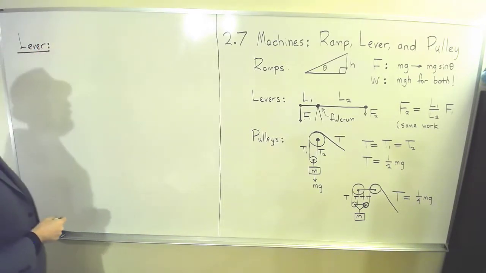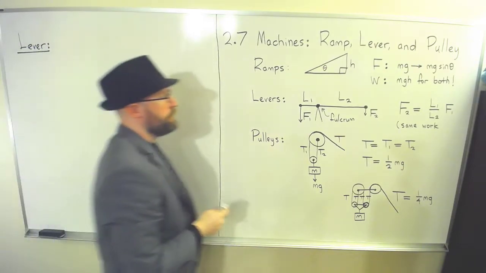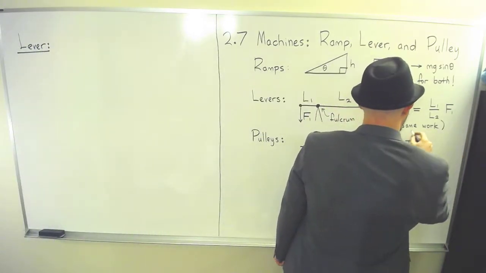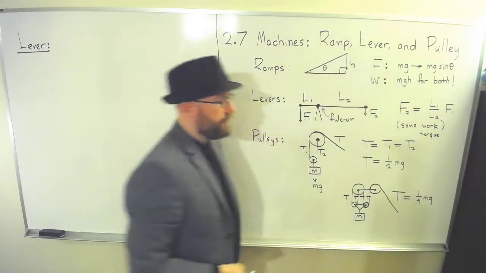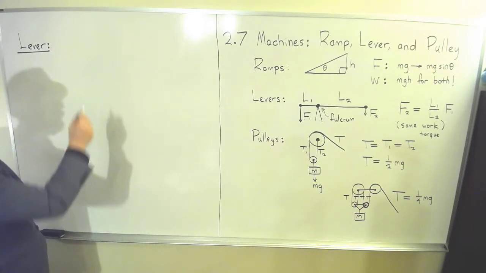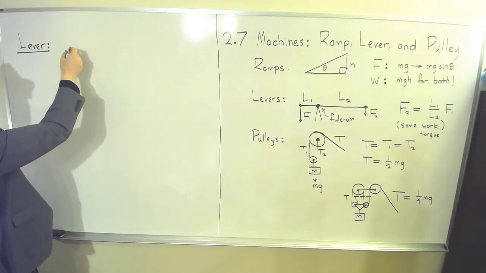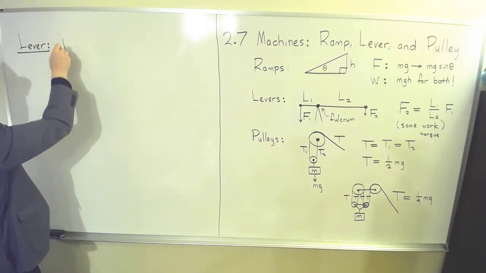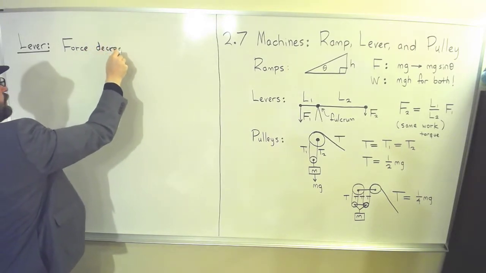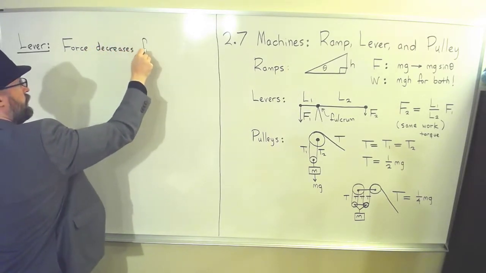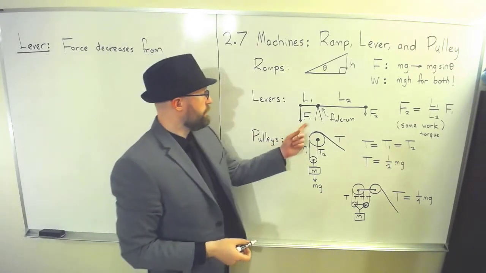So with the lever, here I said same work. I'm also going to say same torque here, and finish off my parentheses there. So for the lever, what you're doing is the force decreases from whatever the initial force, a given baseline force.